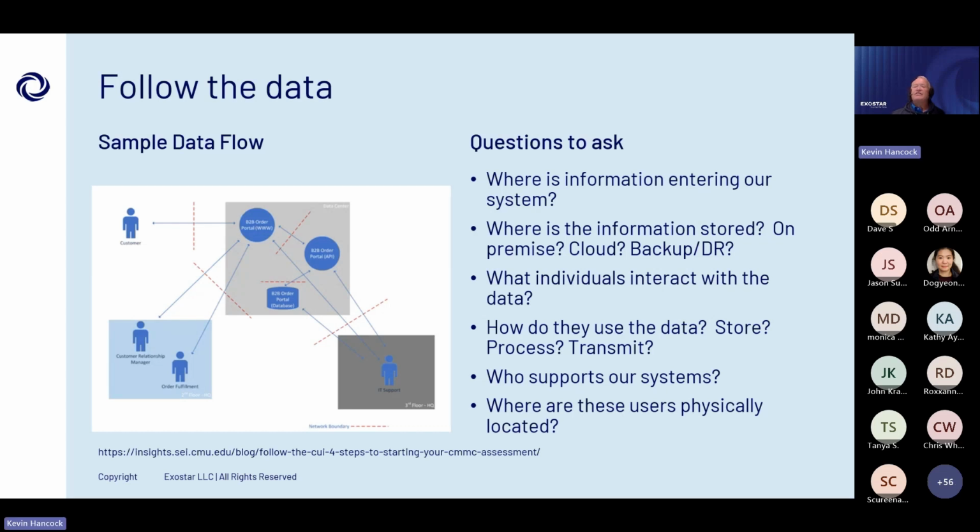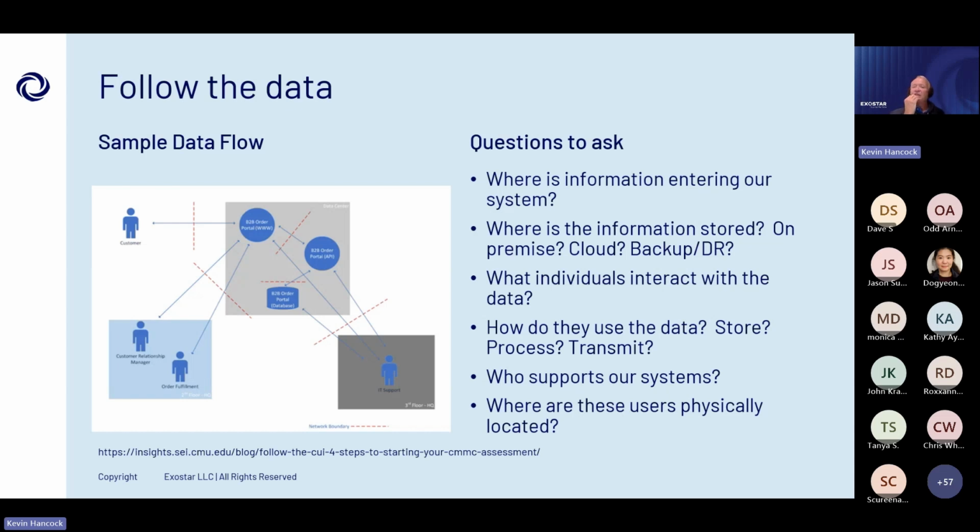Or is it a fairly well-defined group of people, machines, etc., that use this? And so I can shrink that boundary a little bit and only maintain that in what's typically called an enclave. And so can I create an enclave for my CUI and restrict it only to those individuals who are part of that flow? Or do I consider the entire organization or enterprise as part of my overall system?